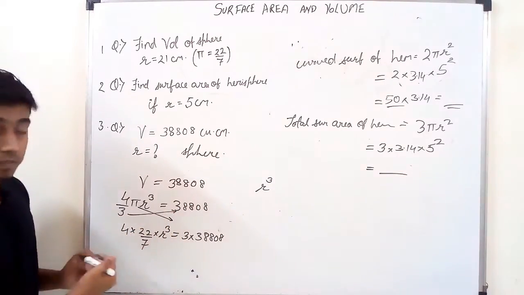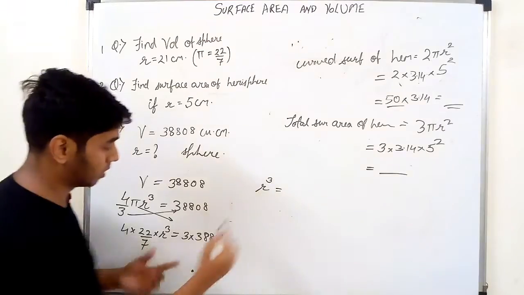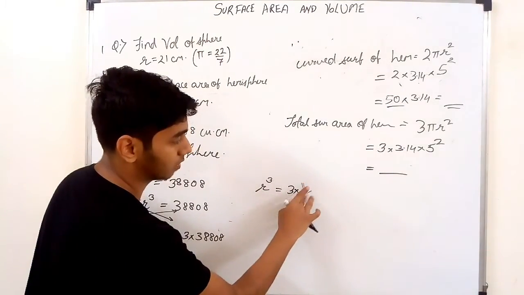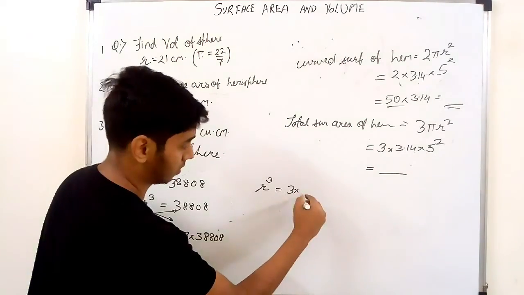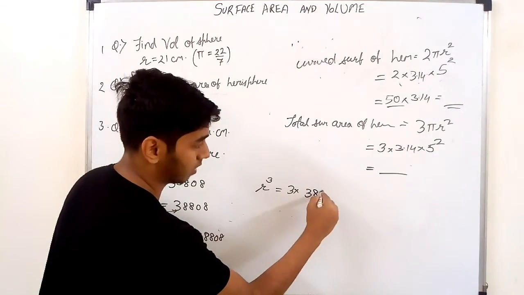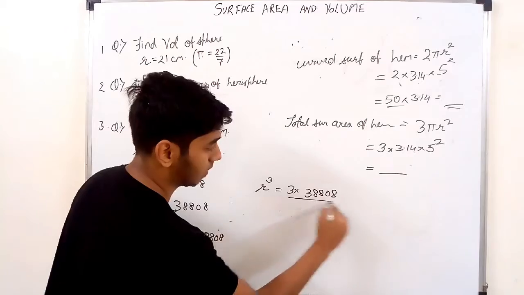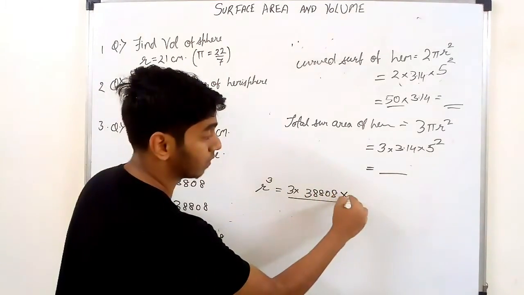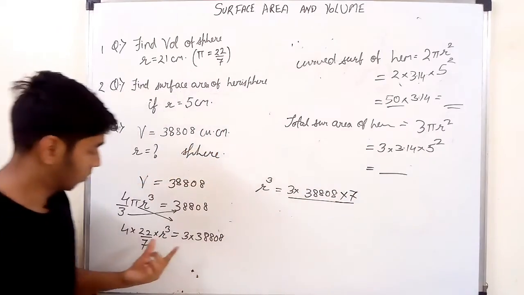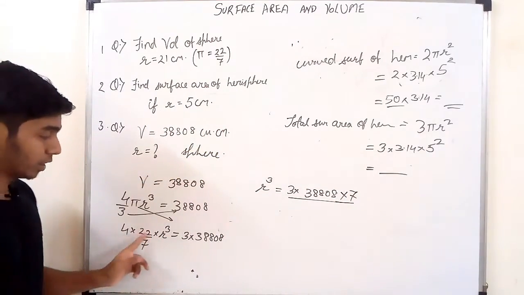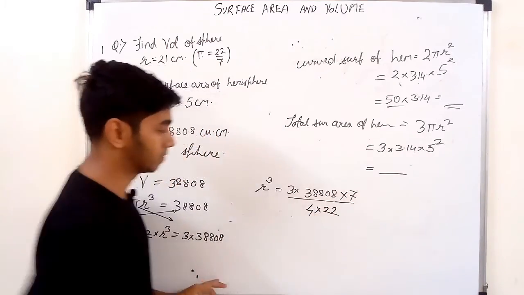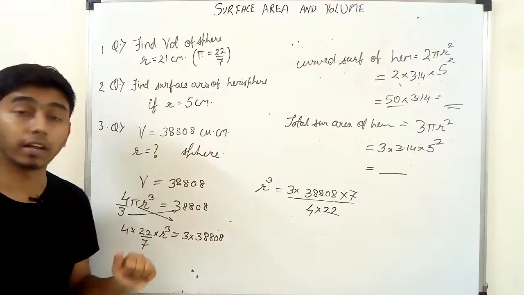So r cube will be equal to 3 into 38808, into 7 also, upon 4 into 22. Correct?